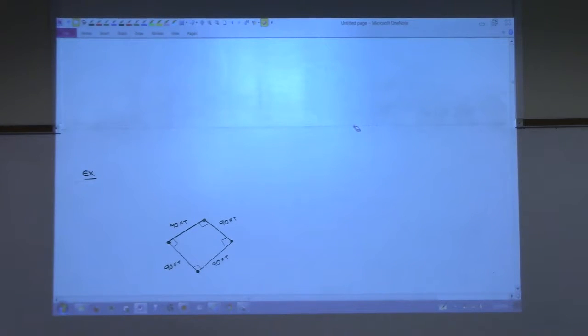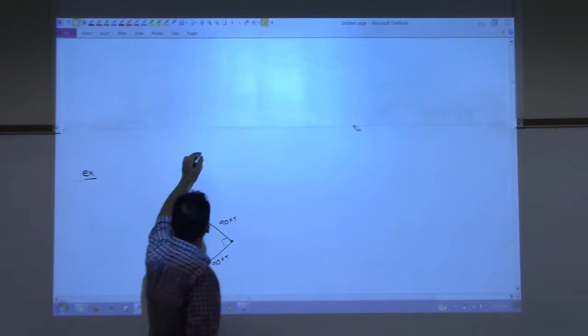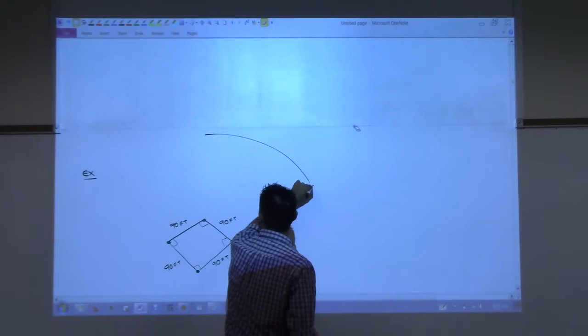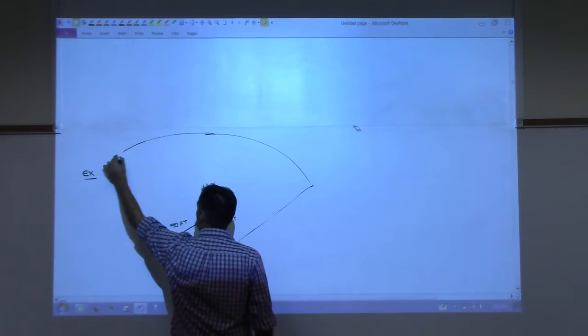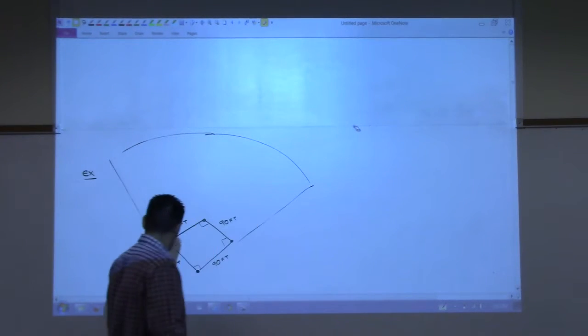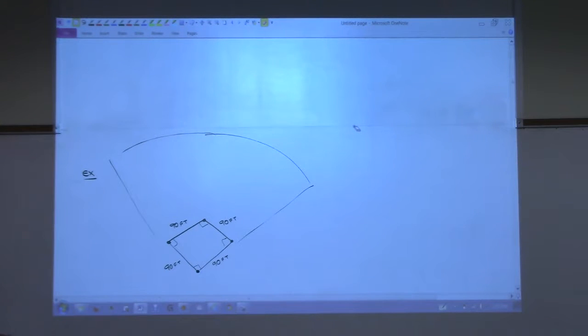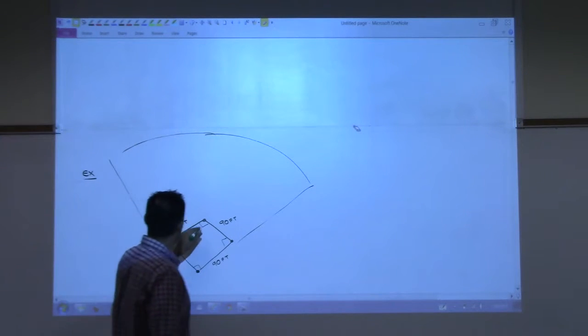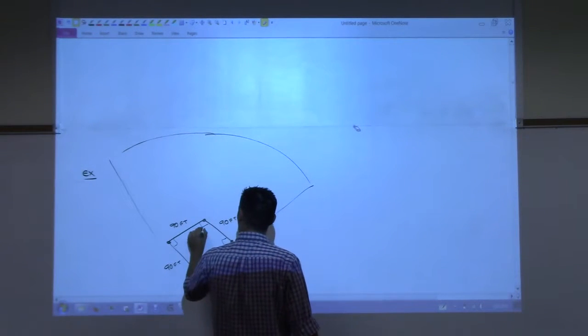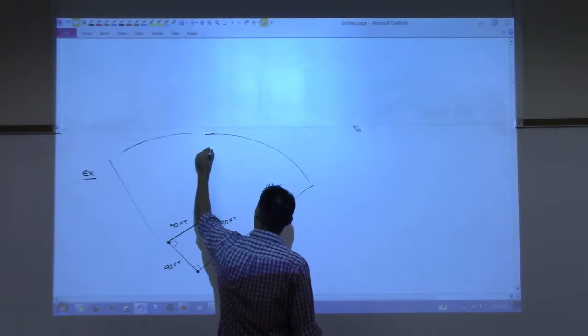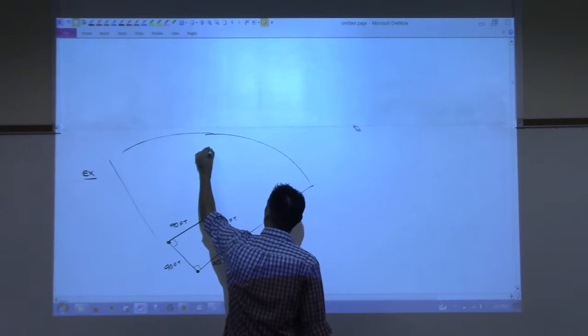All right, so in this particular baseball field, let's say that somebody hits a ball from home. They hit a ball out here directly over second base, and this guy catches it out here.